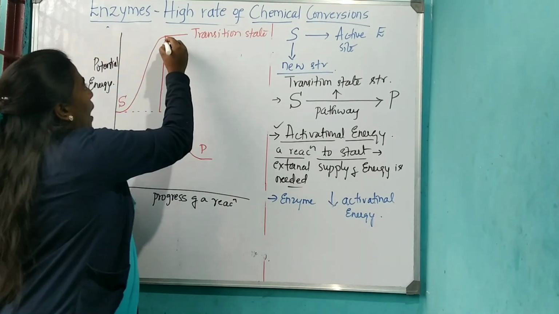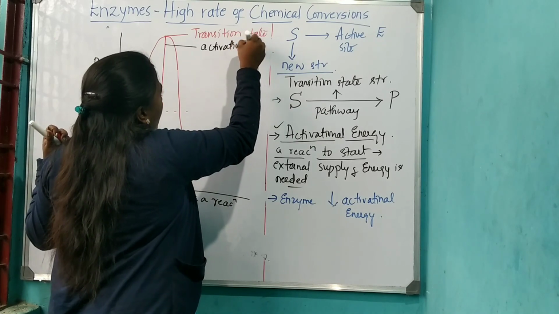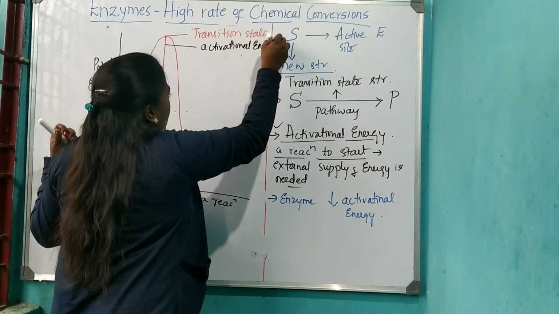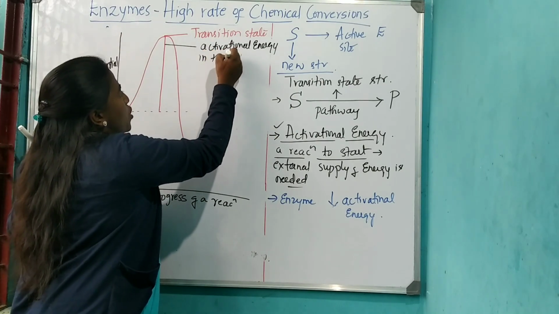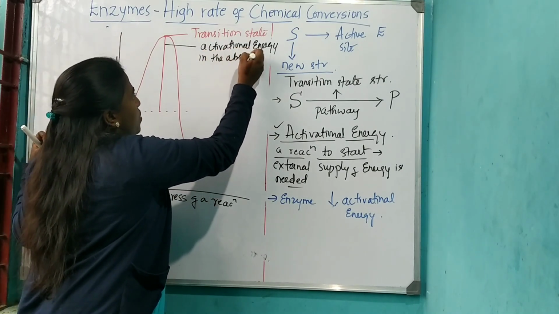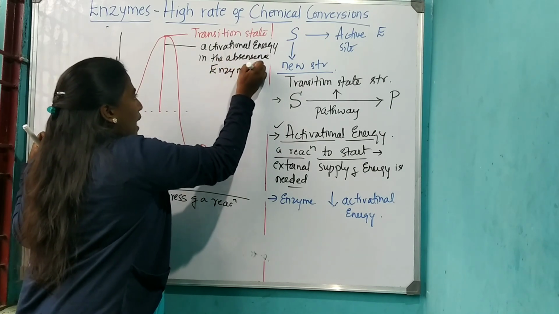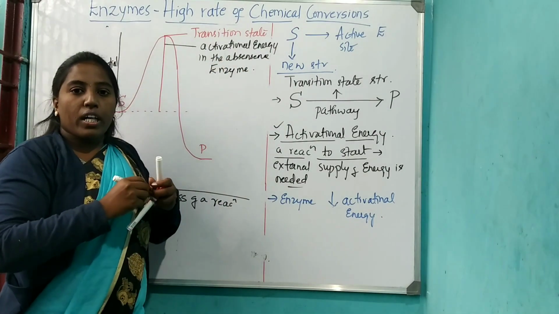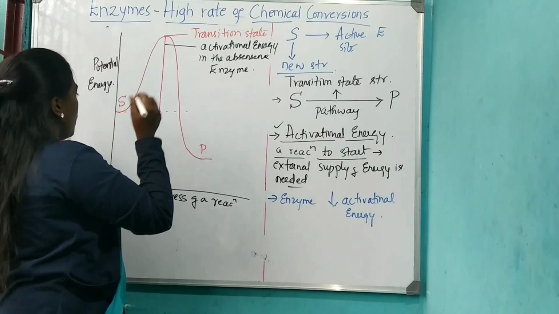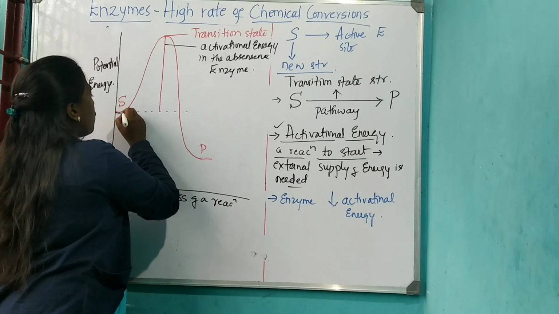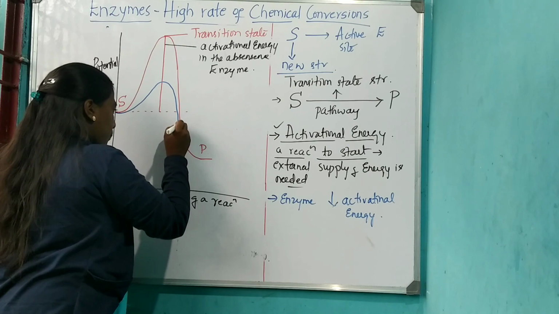This is the activational energy in the absence of enzyme. Okay, so let me draw one more graph, where the reaction occurs in the presence of the enzyme. So this is the graph showing the presence of the enzyme.